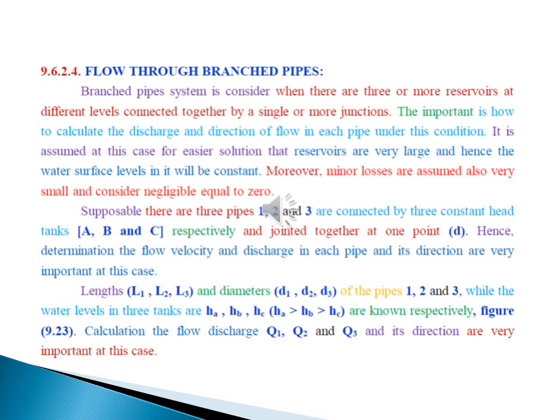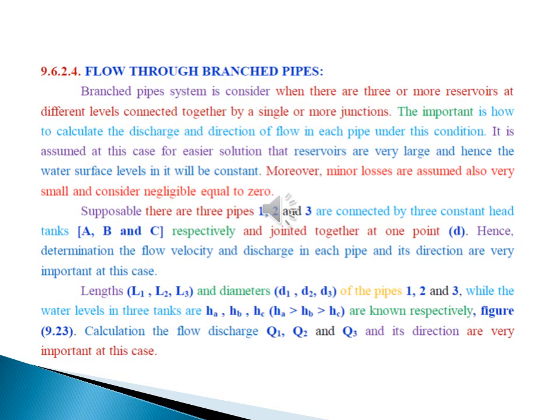It is assumed, for an easier solution, that reservoirs are very large and hence the water surface levels in them will be constant. Moreover, minor losses are also assumed very small and considered negligible, equal to zero.